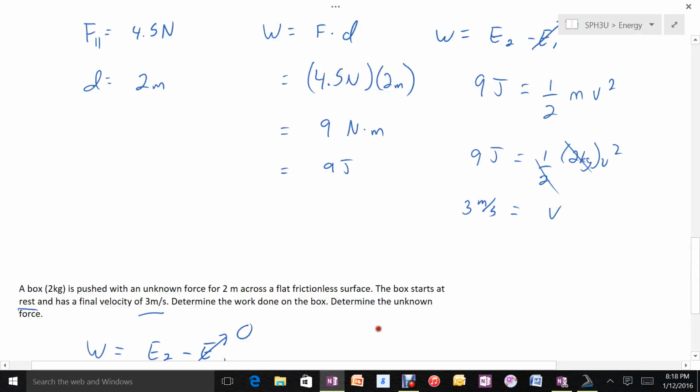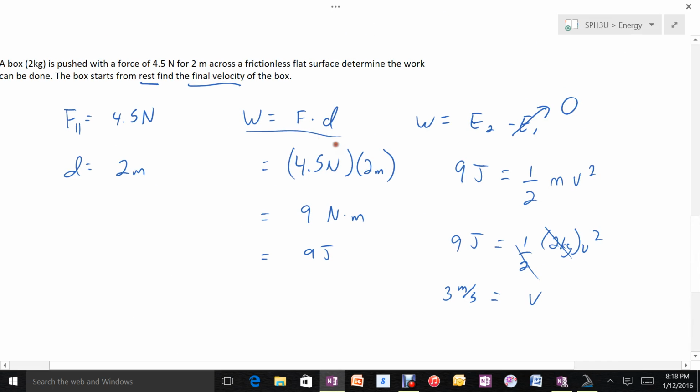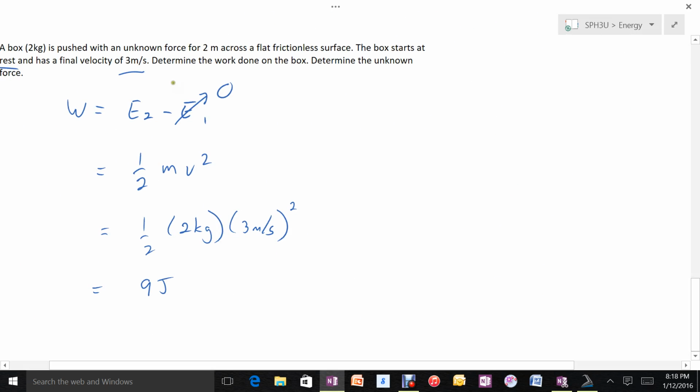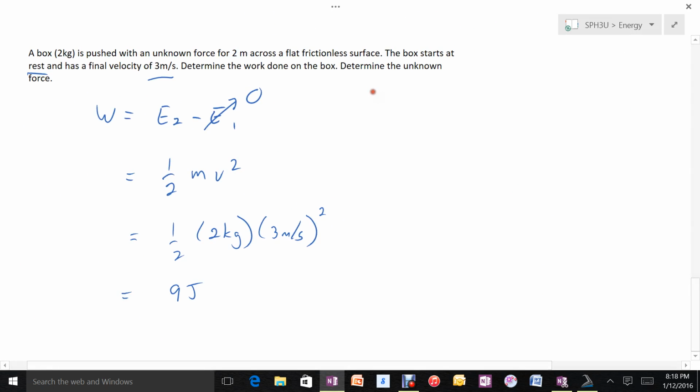So here, instead of viewing work as the force times displacement, I view it as the change in energy, but since we're dealing with the same change in energy, we get the same amount of work.